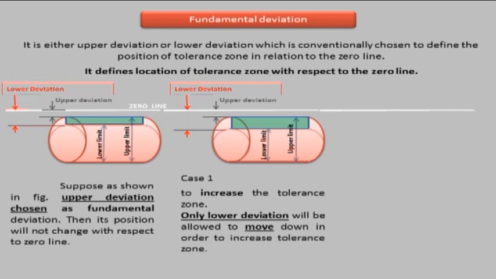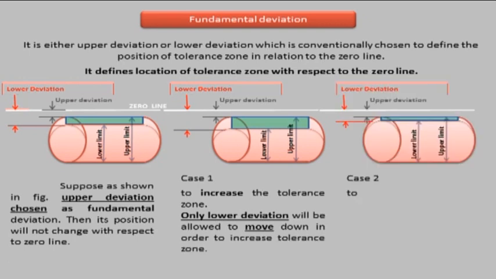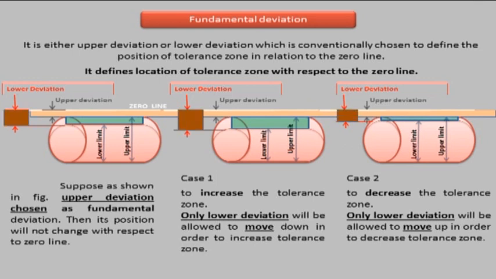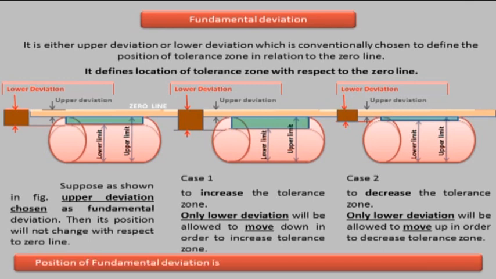Case 2: to decrease the tolerance zone, only lower deviation will be allowed to move up. So you can see in this figure, upper deviation is constant in both the cases, but lower deviation is varying as per requirement. So, position of fundamental deviation is fixed with respect to the zero line in both the cases.